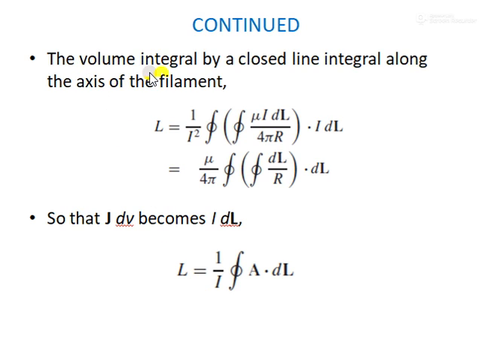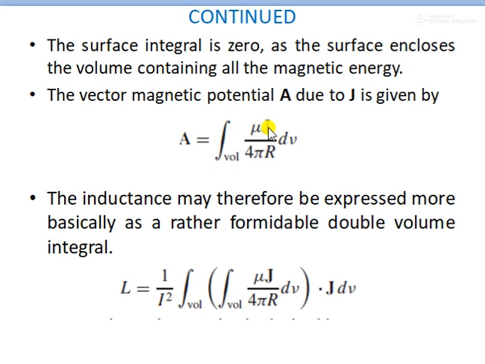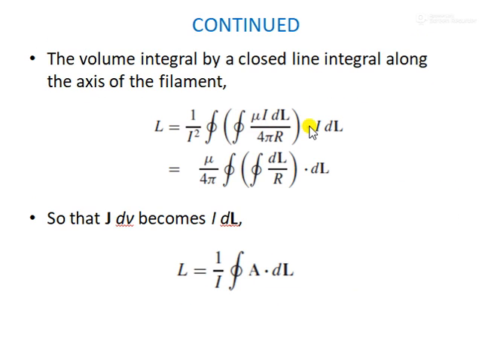Now the volume integral can be converted into a closed line integral along the axis of the filament. So I J dV is written as I dl. Mu by 4 pi is taken as constant, so the integration over the closed path is just dl by R dot dl. Therefore L becomes equal to 1 by I, integration of A dot dl.